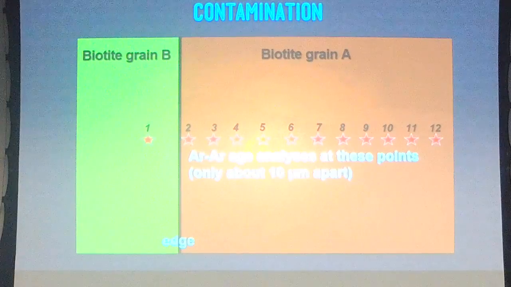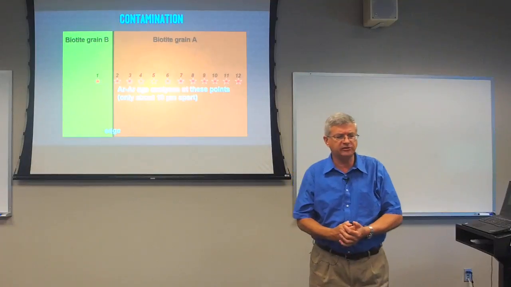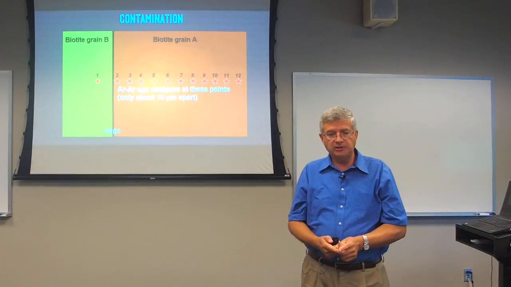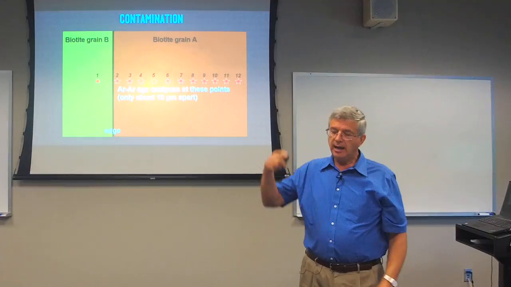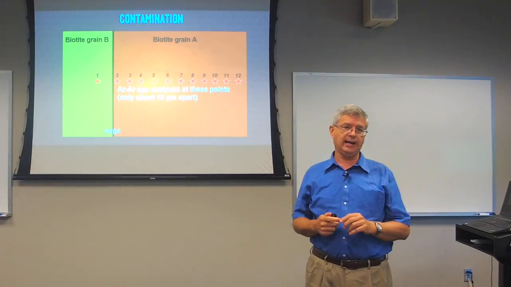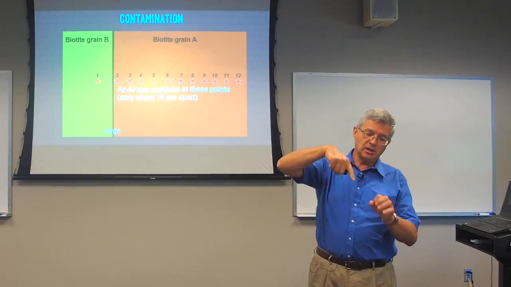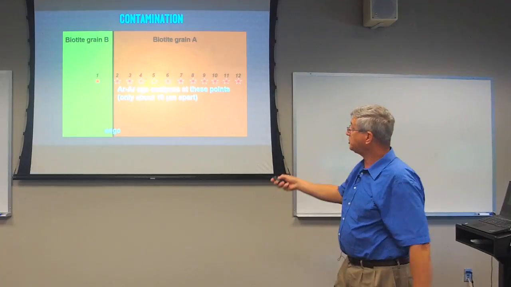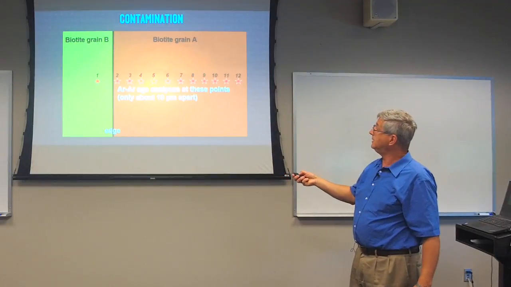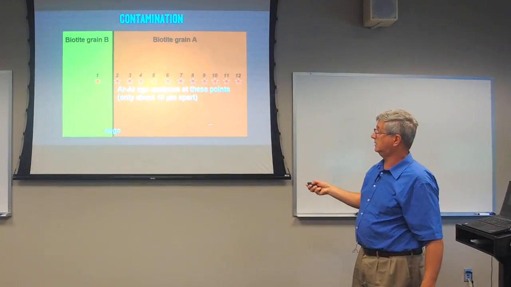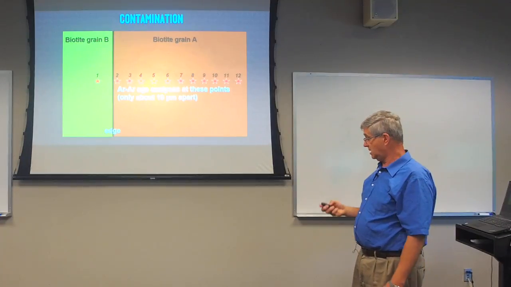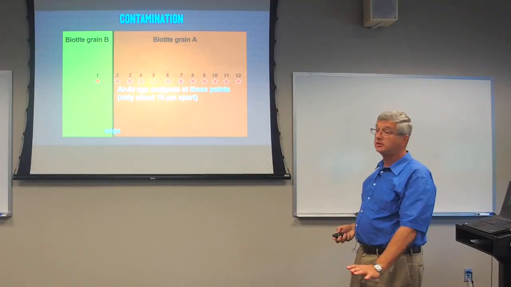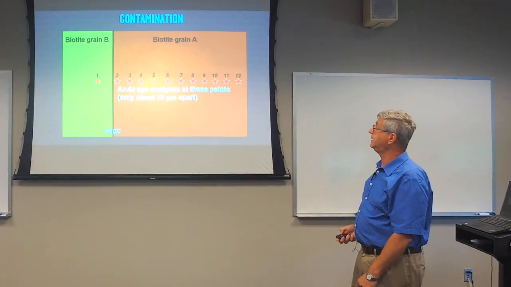The technical methodology has become so sophisticated, we can produce an electron beam or an ion beam that's 1 micron in diameter and zap the surface of a mineral grain to obtain an age on a spot 1 micron wide, which means you can date different spots on this grain at the microscopic scale. So taking this boundary here, which is the edge between these two biotite grains, biotite is the black mica that's common in granites.